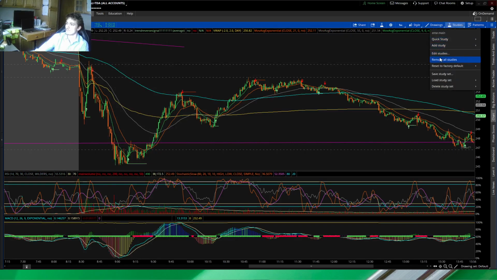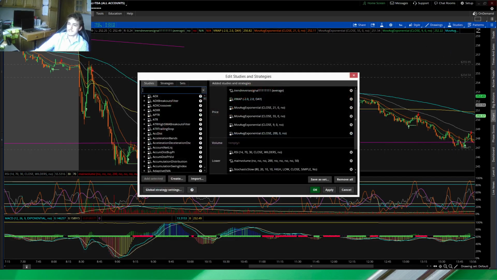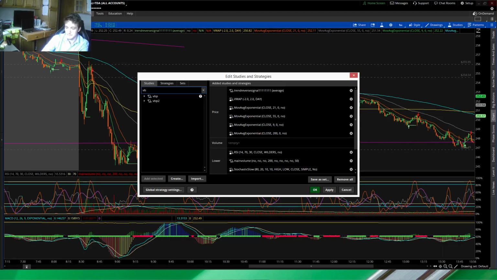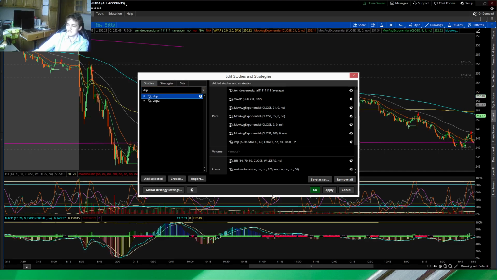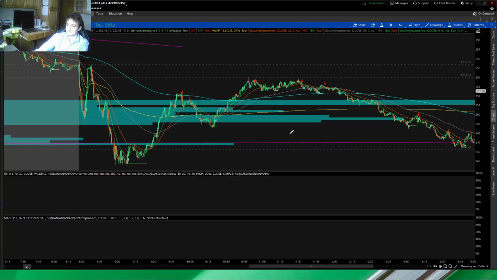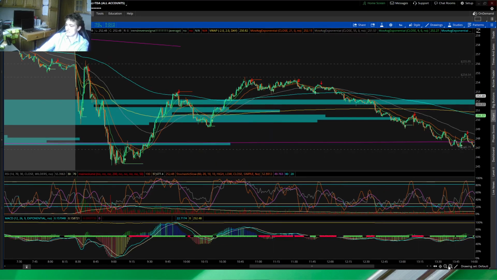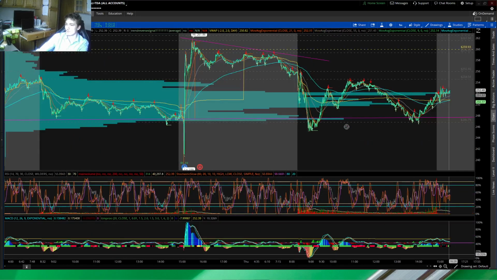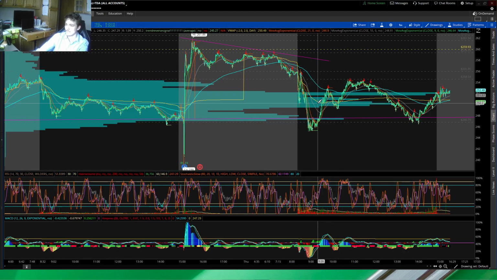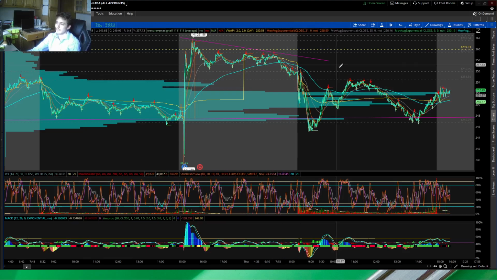There's also a study I found. Hold on, what's it called? Yeah, it's called volume by price, which is awesome. So if you don't feel like doing your support and resistance lines, this will actually tell you where there's a lot of resistance, a lot of buyers and stuff.